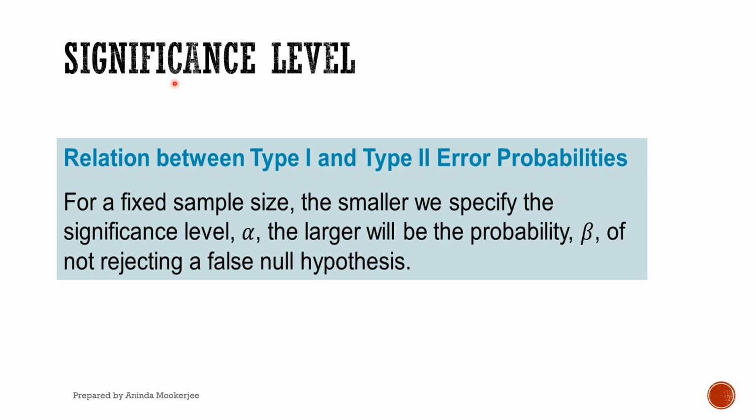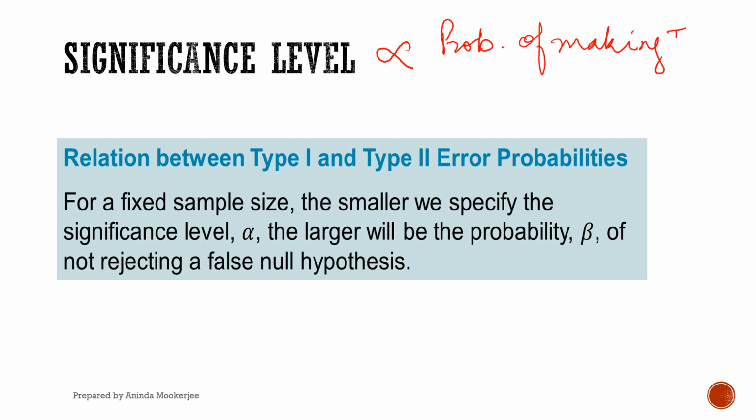Now we just said that the significance level is the probability of making a type 1 error, right? The significance level is denoted by the letter alpha, and it is the probability of making a type 1 error.